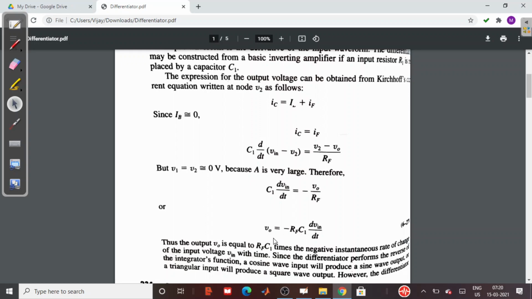So output voltage is equal to RF into C1 times the negative instantaneous rate of change of input voltage with time. Thus we understood that the circuit when connected in that particular way will give you the differentiated waveform at the output. Okay. So now we can look at the frequency response and discuss the other details.